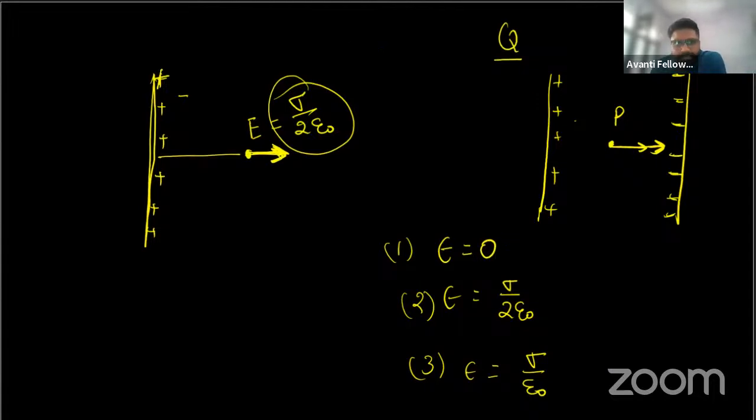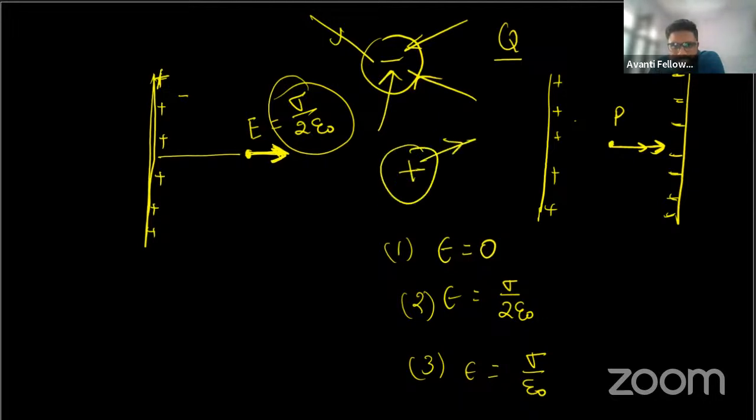What is the direction of the field from a negative charge? Inside of it. And the field direction from a positive charge is always radially outward. Now look, due to this positive charge, the field will be in this direction, it repels. And due to this negative charge, the field will be in this direction.